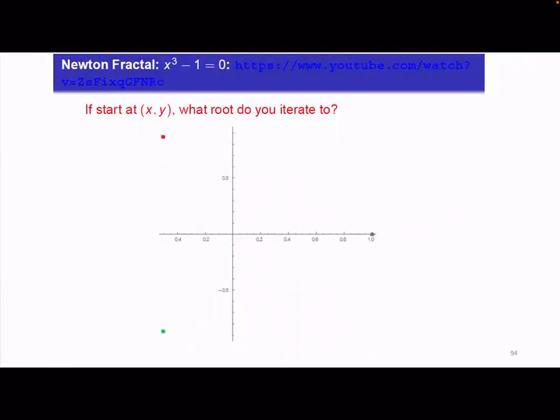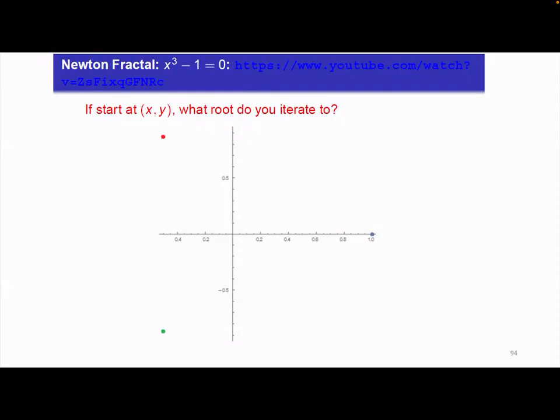I can draw those 3 roots in the complex plane, and I'll label them blue, red, and green. And I can apply Newton's method, and I can color each point in the plane based on which root I converge to. Which things do you think will converge to the red root? What do you think the condition might be?